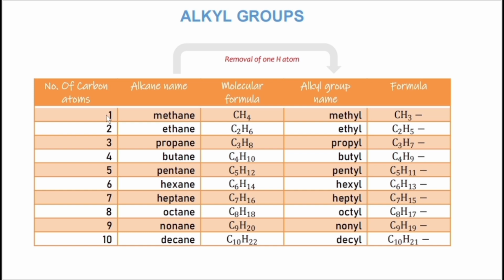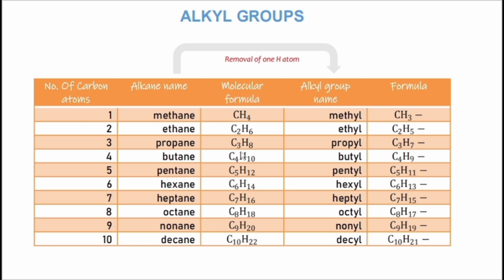If you have an alkane that contains 1 carbon atom, you call it methane. If it contains 2 carbon atoms, you call it ethane. 3, propane; 4, butane; 5, pentane; 6, hexane; 7, heptane; 8, octane; 9, nonane; and 10, decane.